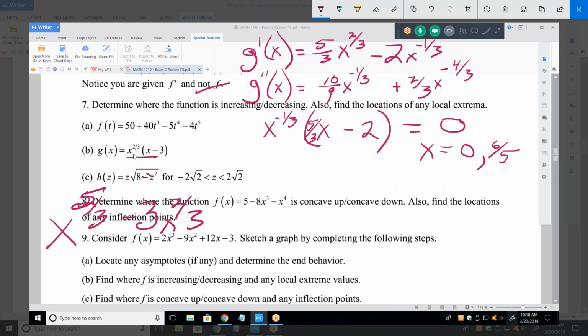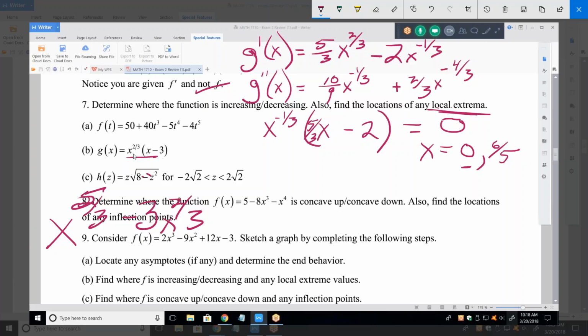If it's positive, it's concave up. That makes it a minimum. Well, it just says find the locations of any local extrema. We have to determine that when we get a second derivative that is 0, that doesn't tell us anything. In other words, g double prime of 0 is 0.